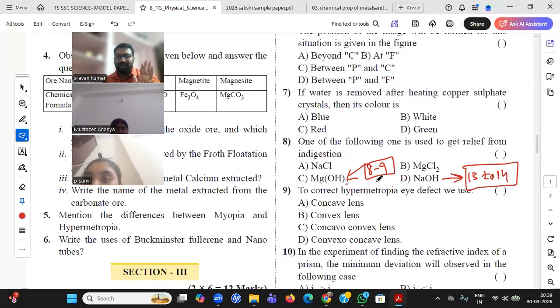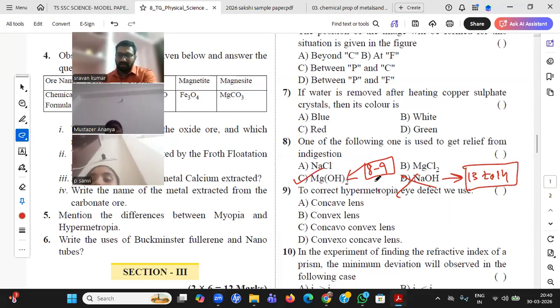It only counteracts the extra acid, but not the other things. But NaOH will definitely counter your acid, but again it will create some more issues. That's the reason that even though it is a base, we will not consume it. Okay, 10.5 pH, I guess. That's right.